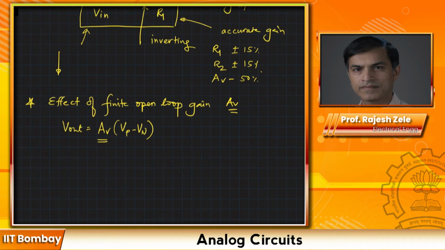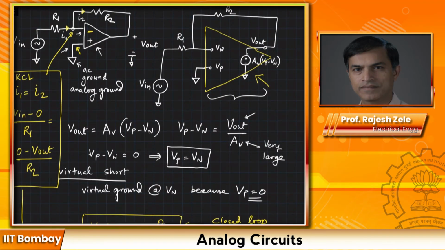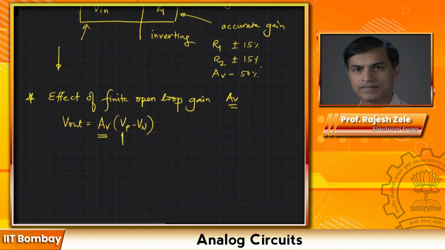In this particular case, we know that we have connected the positive terminal Vp to 0, so Vp is equal to 0. So Vout is equal to minus AV times Vn.